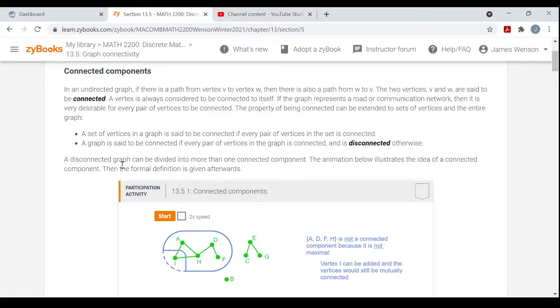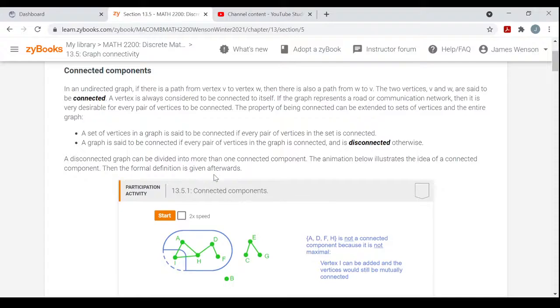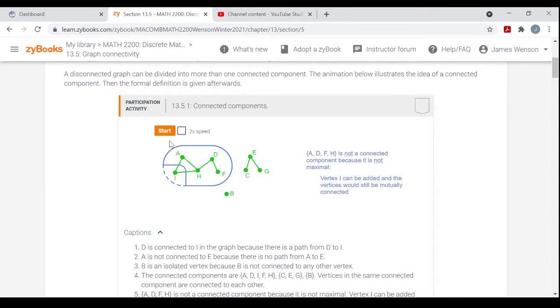But a disconnected graph can be broken up or divided into more than one connected component, right? The title of this part of the section. So the animation below illustrates the idea of connected components. So here's a graph here, and I'll start playing this animation for you.